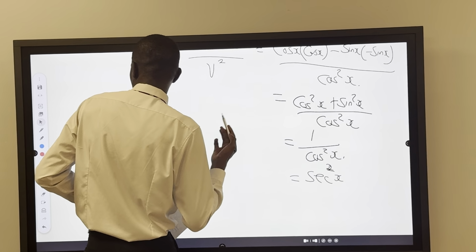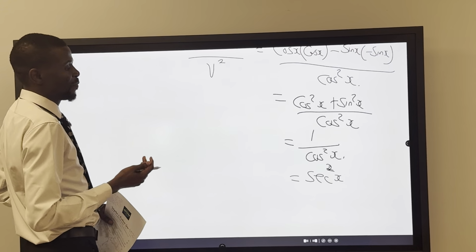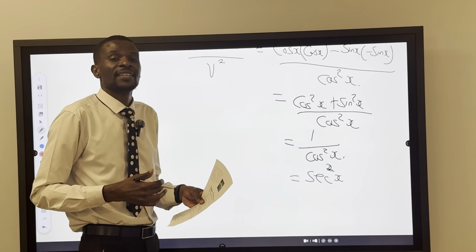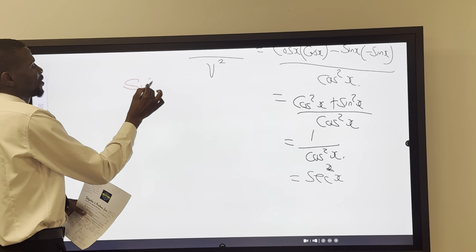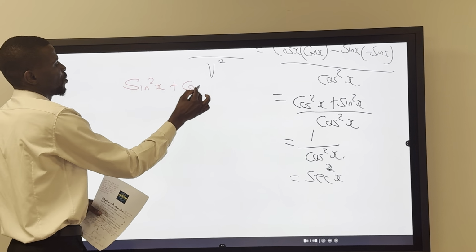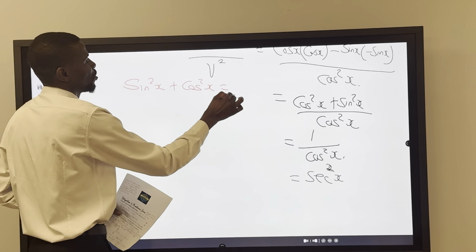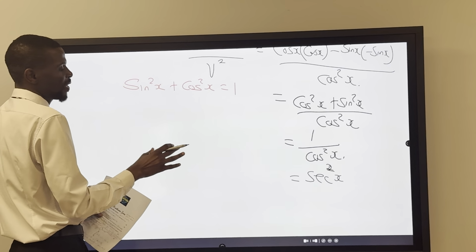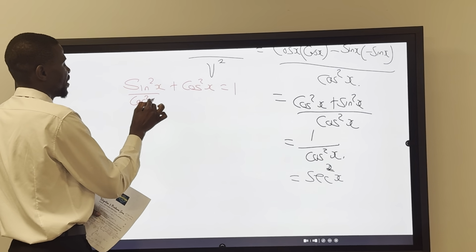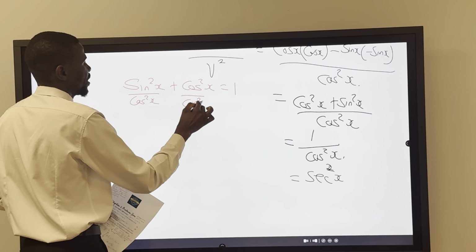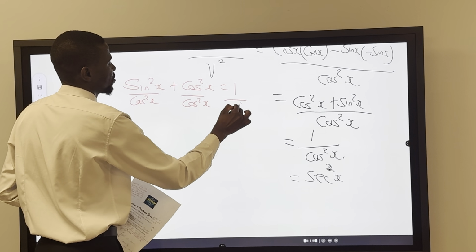So now, guys, suppose you're in the exam and maybe it's not provided in the formula booklet. Remember this: sine squared x plus cos squared x equals 1. Since you want it in terms of tan, we divide through by cos squared x.